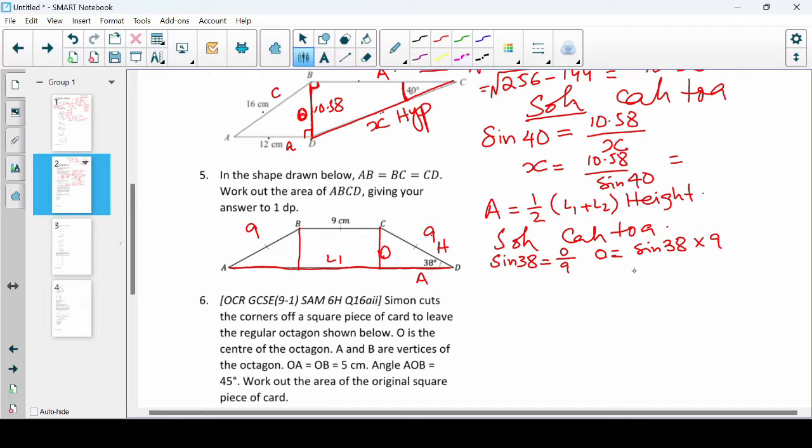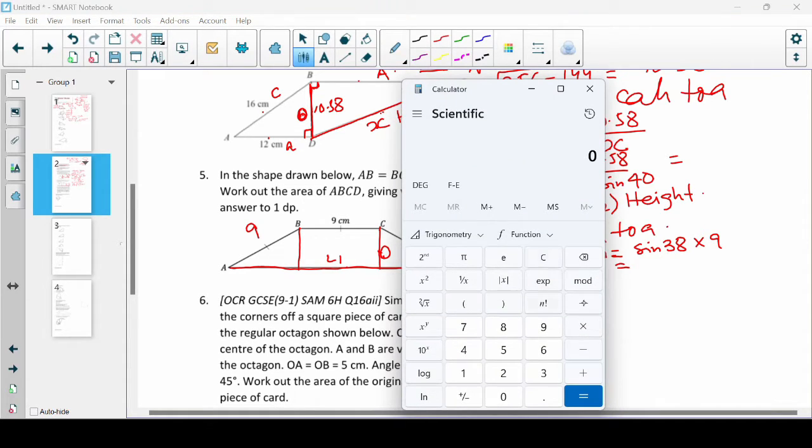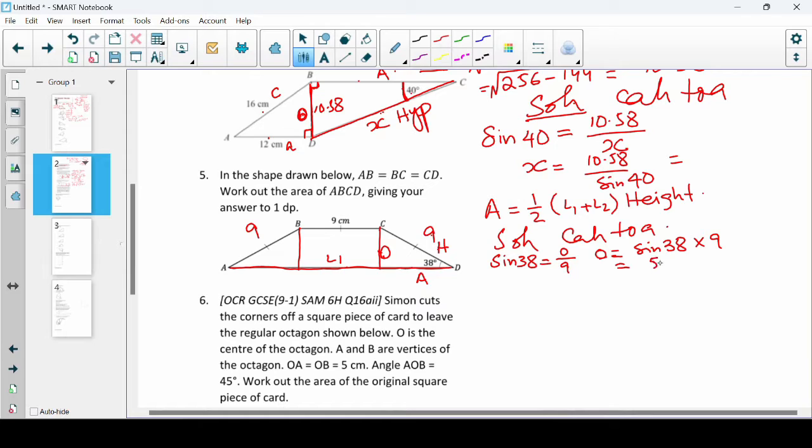And then we can just find, with sine 38 multiplied by 9, 5.54. So 5.5 is the height, right?